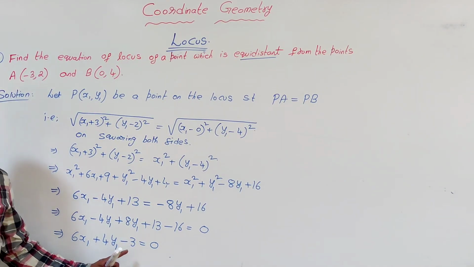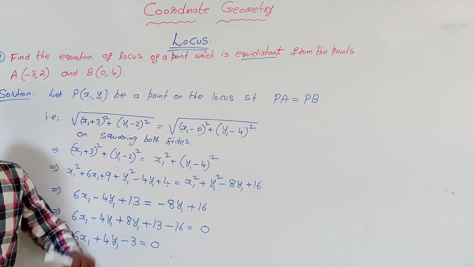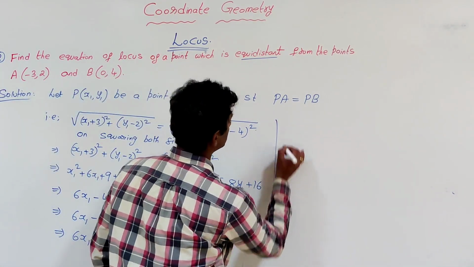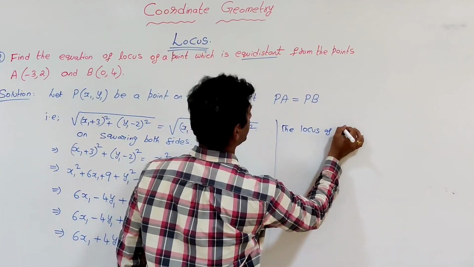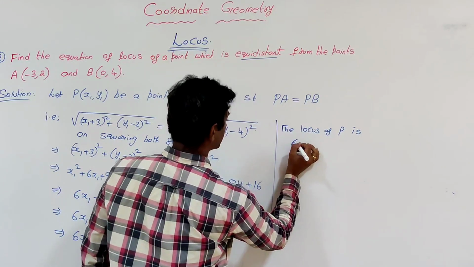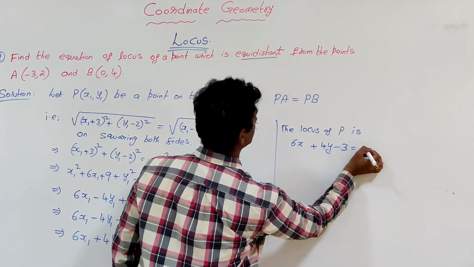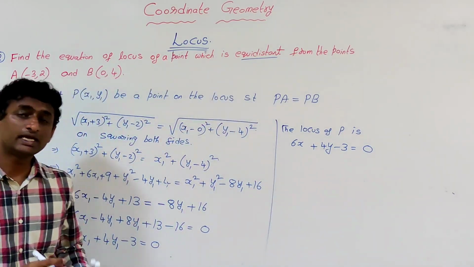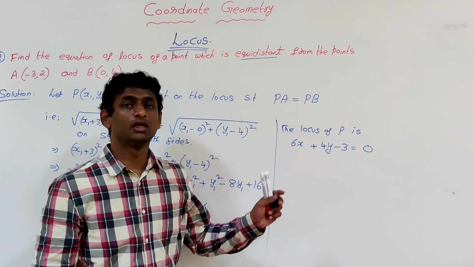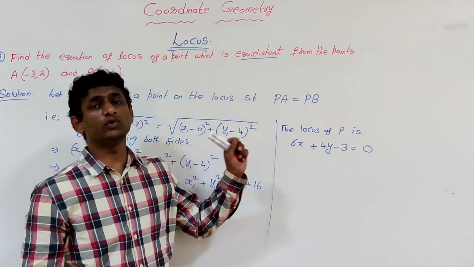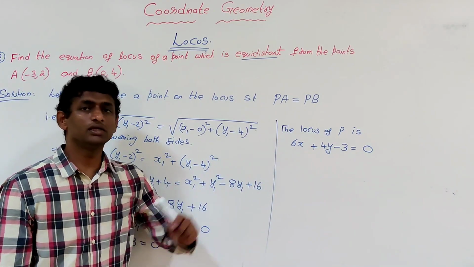Now, if (x, y) is the general point, the locus of P is 6x plus 4y minus 3 is equal to 0. The set of all points which satisfy this equation will be equidistant from A and B. So that is the equation of the locus.